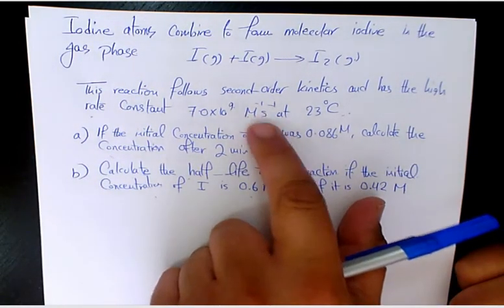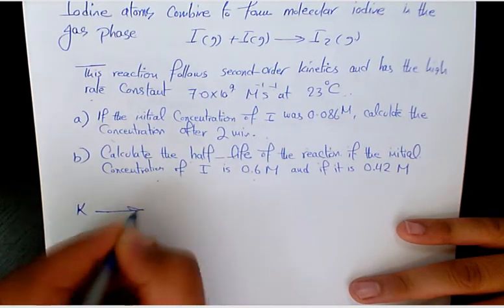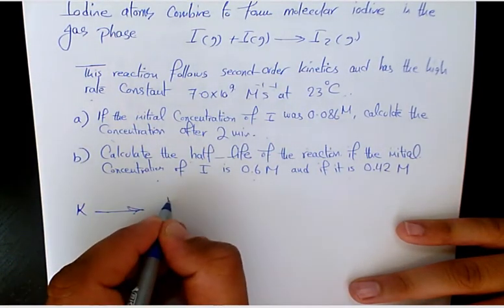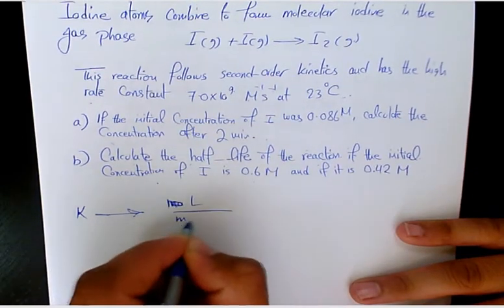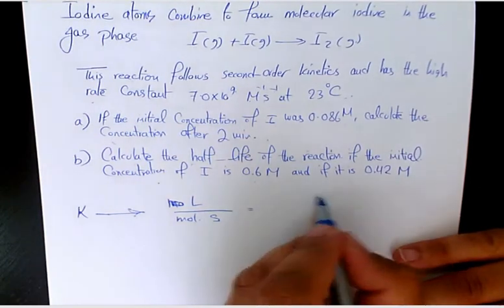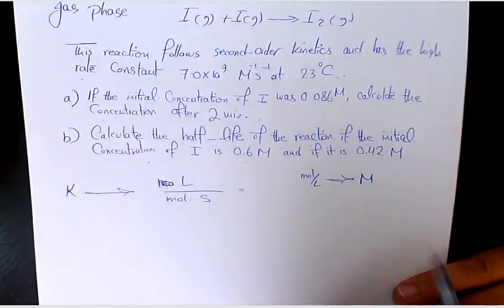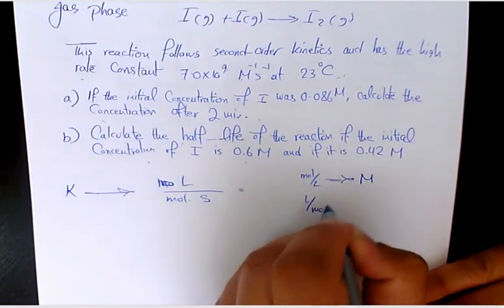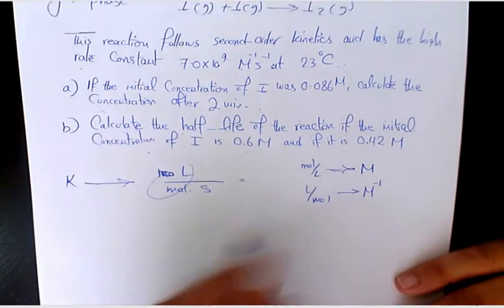First of all, I need to mention the unit in here. As you saw here, the unit for K is going to be liter per mole per second. And as you know, mole per liter is shown by capital M. So liter per mole, as you see it here, is going to be M to the power of negative 1.